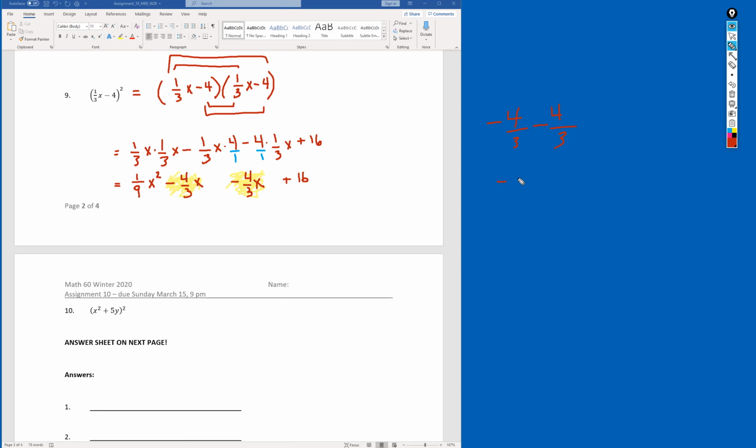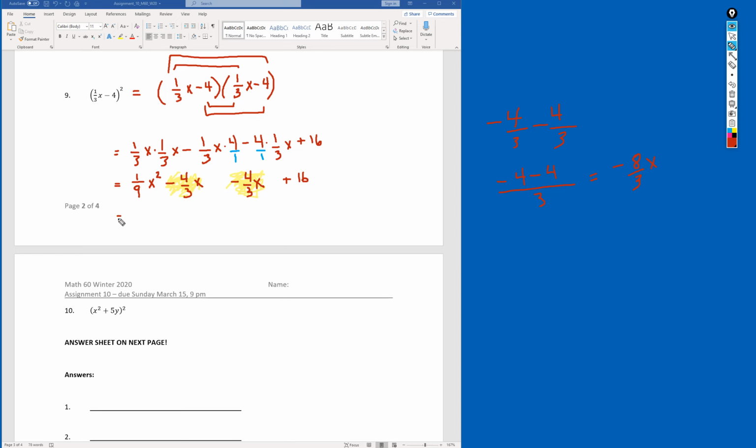These are common denominators, so I can combine the numerators over that common denominator. Negative 4 minus another 4 is negative 8. I'm just combining the coefficients, but that's all you're doing when you're combining like terms. So that's how many x's I have.